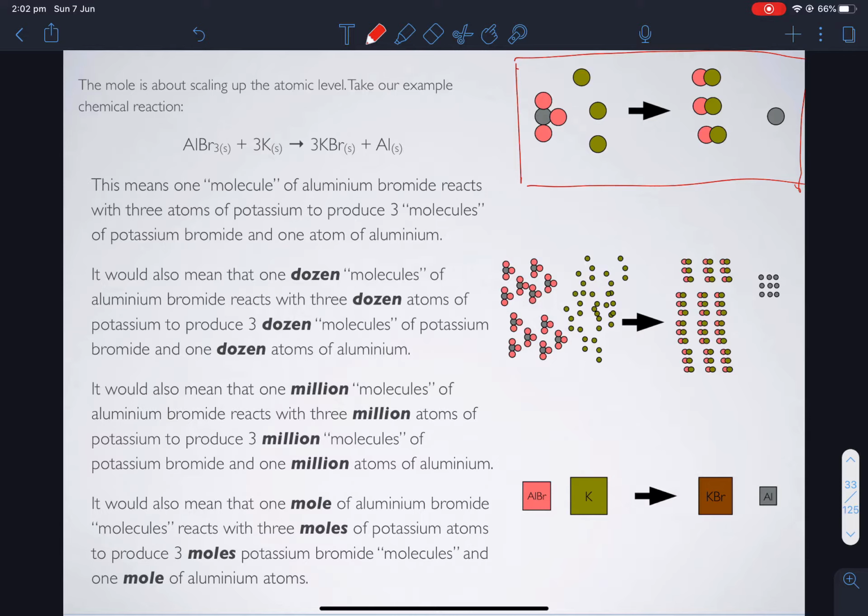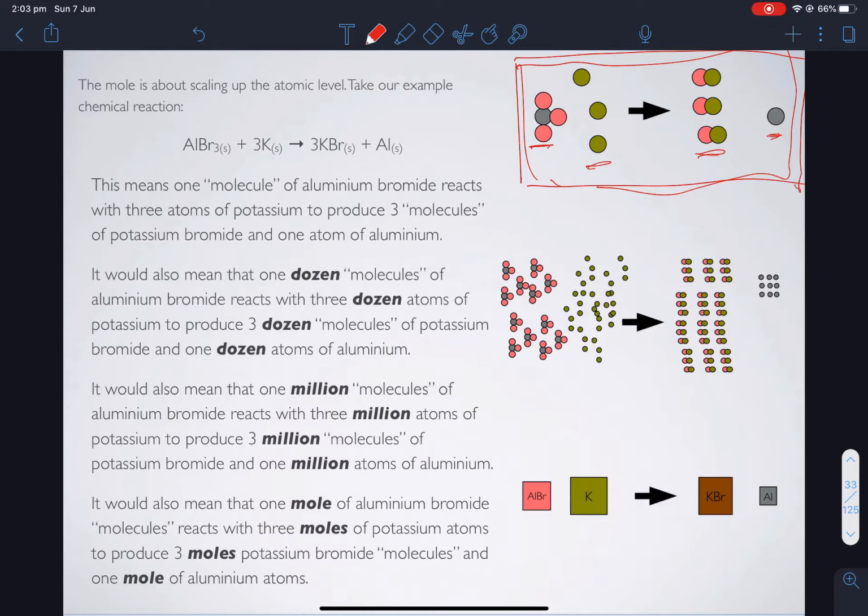So I've got my one base unit, as it's an ionic compound, of aluminium bromide, and my 3 atoms of potassium. That leads to 3 of these base units, because it's ionic as well, of my potassium bromide, and my 1 atom of aluminium. So there's the smallest kind of unit possible, our balanced equation.